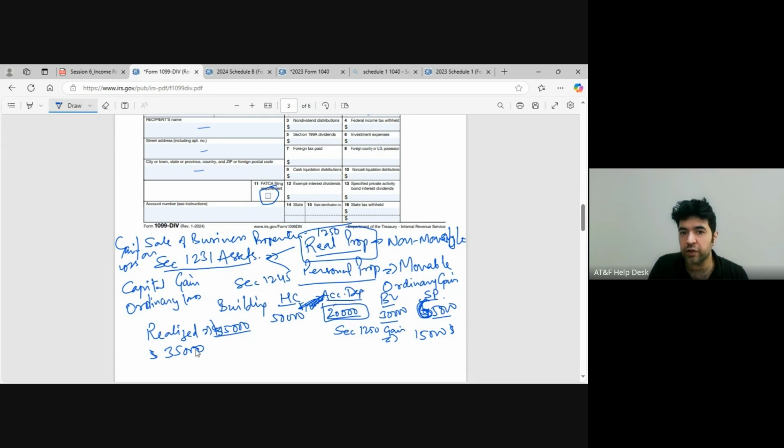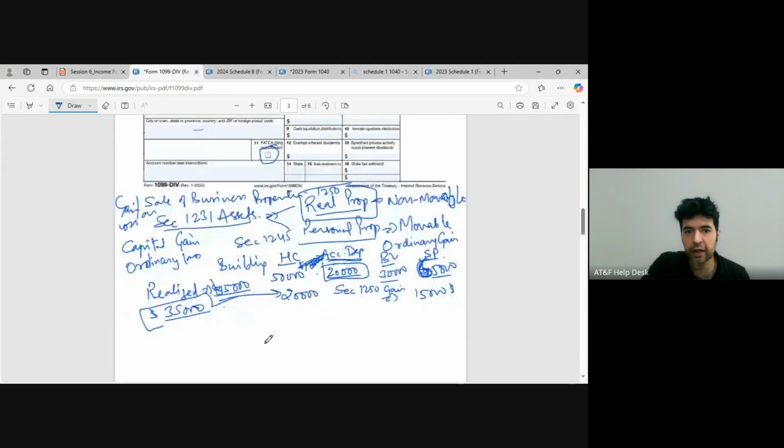Lower of the two will be section 1250. Lower of accumulated depreciation and the realized gain. So 20,000 will be considered as ordinary gain, and which is a recaptured 1250 gain, and remaining 15,000 out of this 35, 20,000 is section 1250 gain, right?